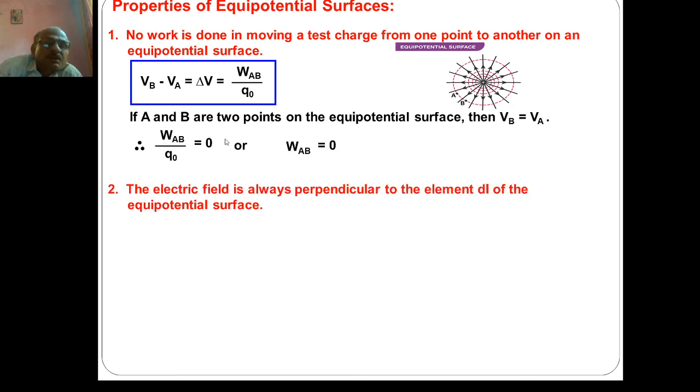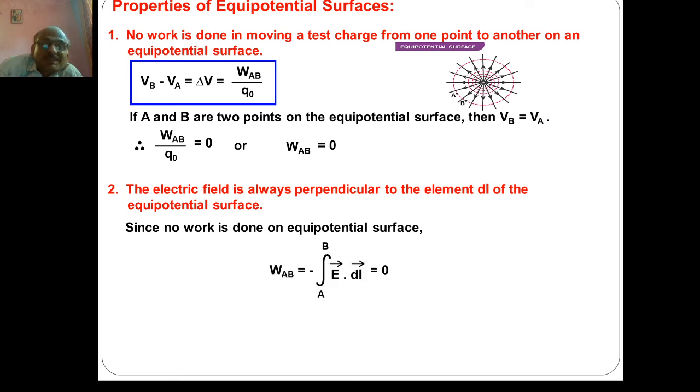Second property, the electric field is always perpendicular to the element dl of the equipotential surface. Since no work is done on an equipotential surface, use the formula: work done to bring the charge from A to B is the negative of the work done by the electric field. So the integral from A to B of E dot dl equals 0.